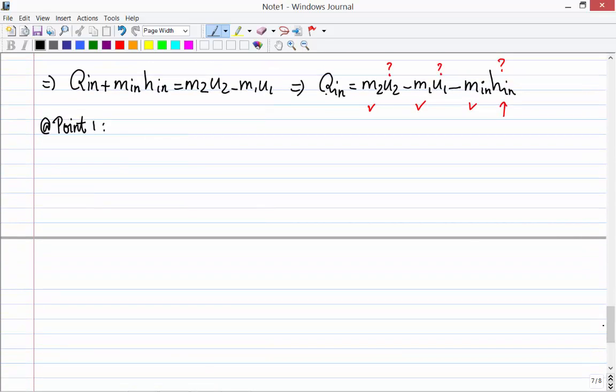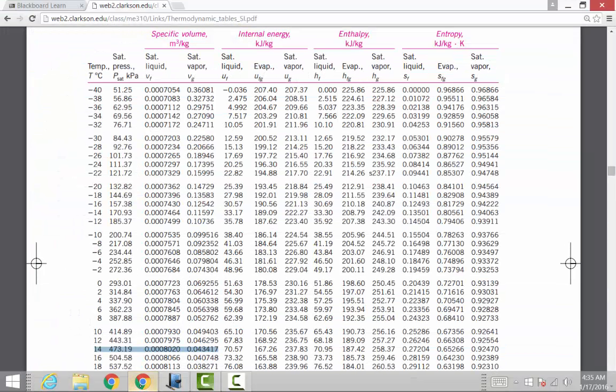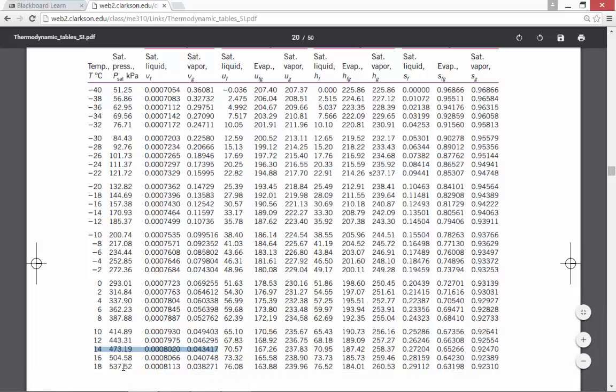So at point 1, according to table A11, at temperature 14, see here, 14 is my temperature. Where's u? Here's u: uf, ufg, and ug.